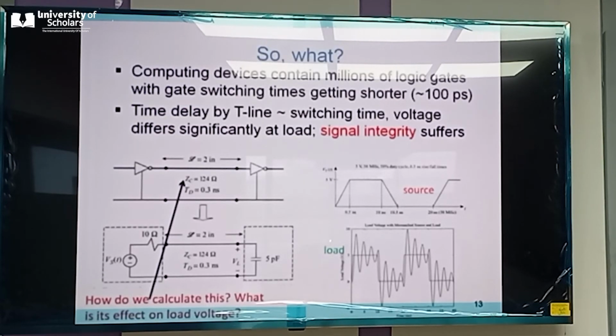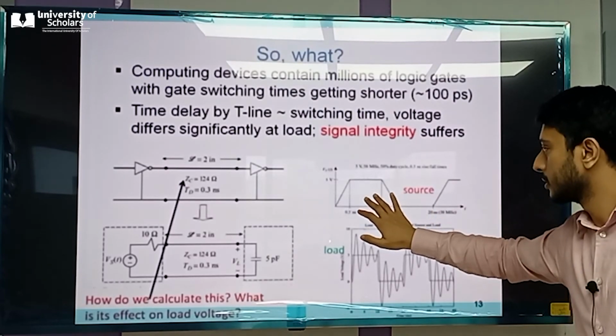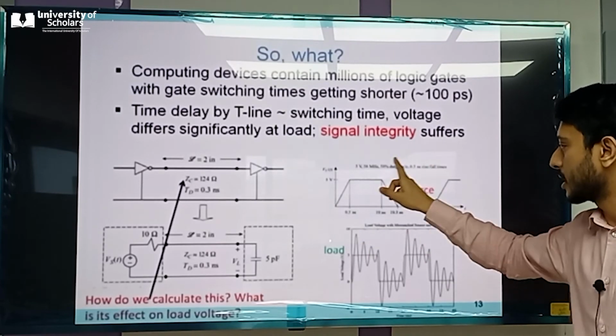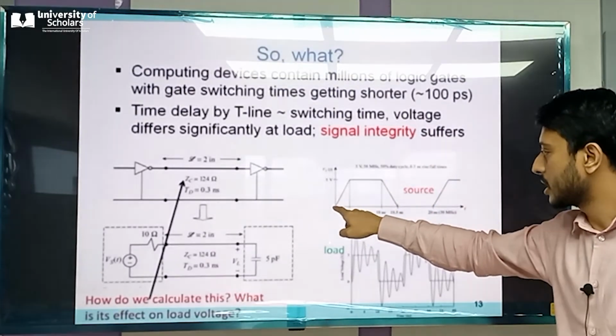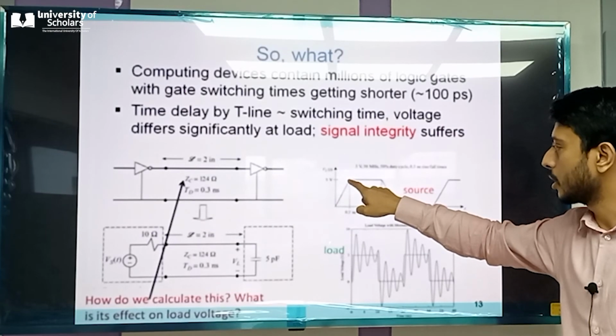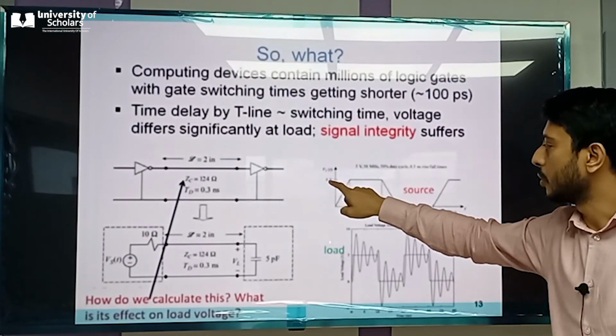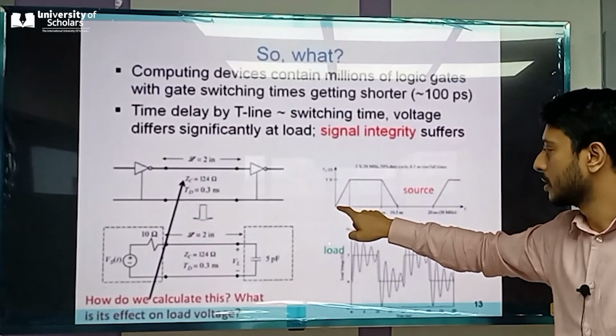So if you come to this figure over here, this is the source side. This is logical 0 and this is logical high, which is 5 volt. Logical 0 is 0 volt.